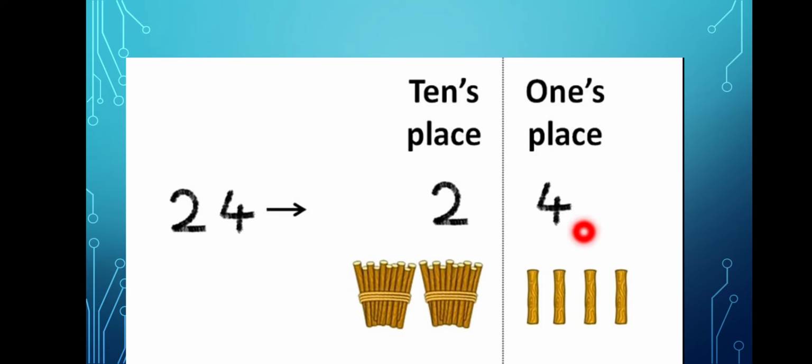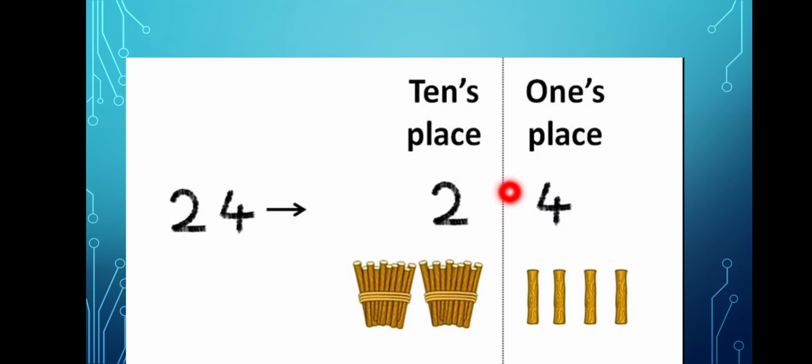represents the ones place, as it tells us the number of ones. The next adjacent place towards the left is called the tens place, as it tells us how many tens there are. See, 2 bundles of 10 each are there, that is 2 tens are there.